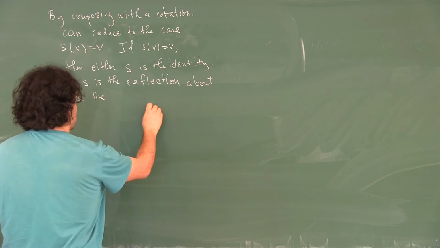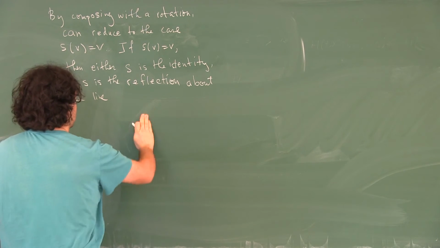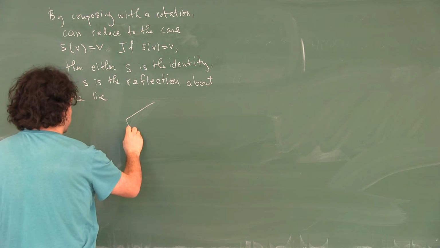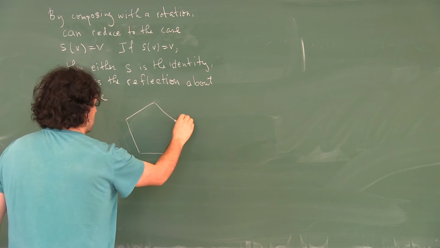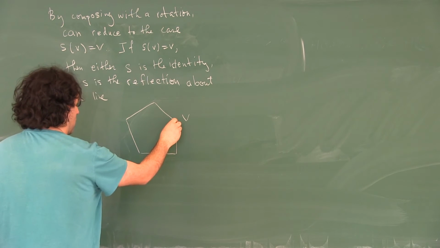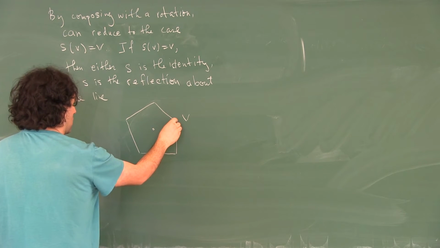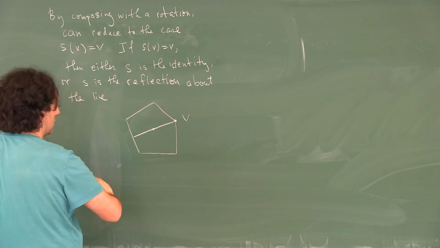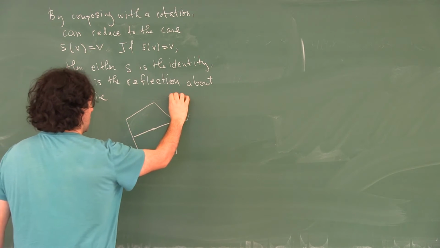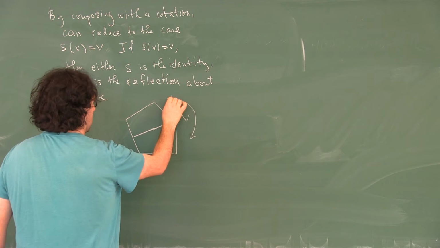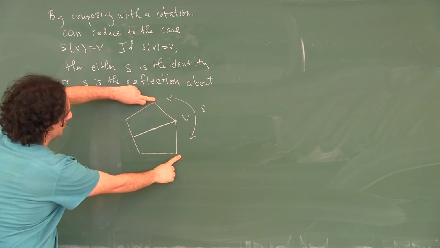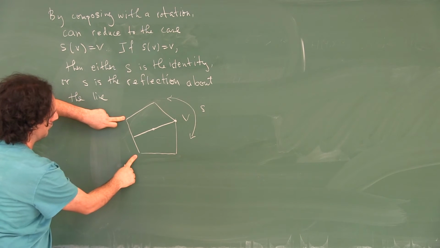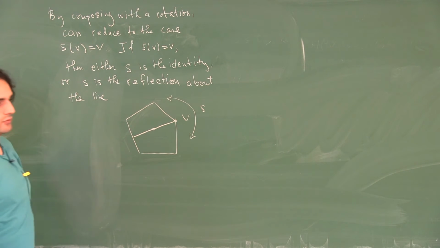So if this is the center, I have this line, and I have the reflection S like this. So it's interchanging these two vertices and these two vertices and fixing this one.